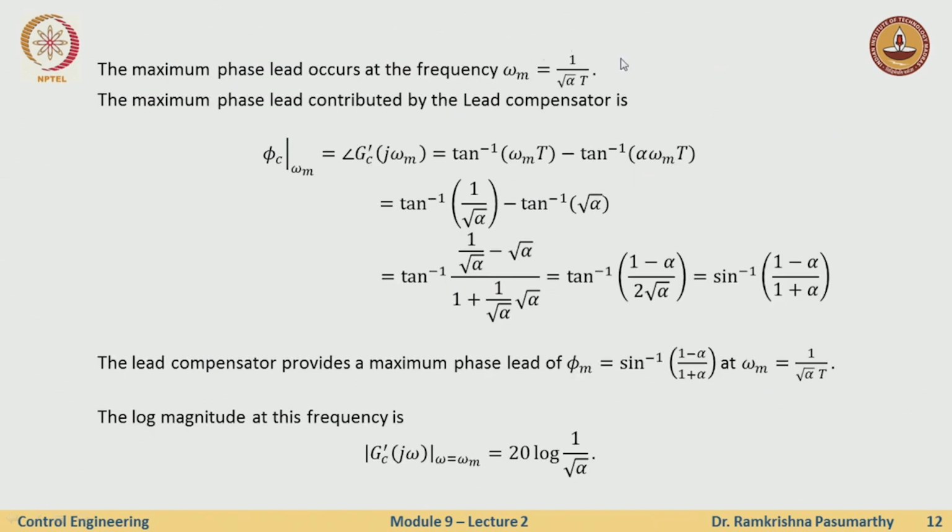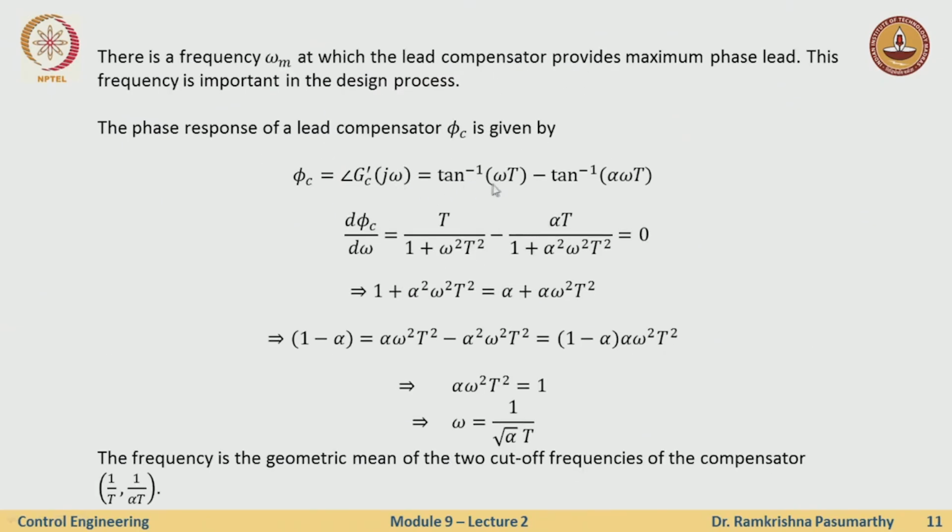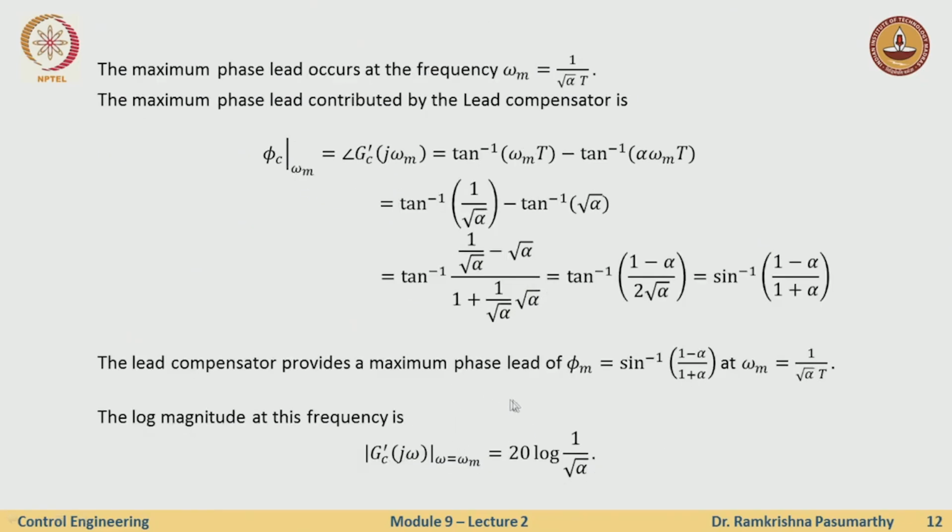Now, at this frequency, how does phi c look? In this expression I now know this omega where maximum phi c occurs. I substitute it into the computation of the angle and I see that the maximum phase lead is related to alpha via this expression, just a simple computation.